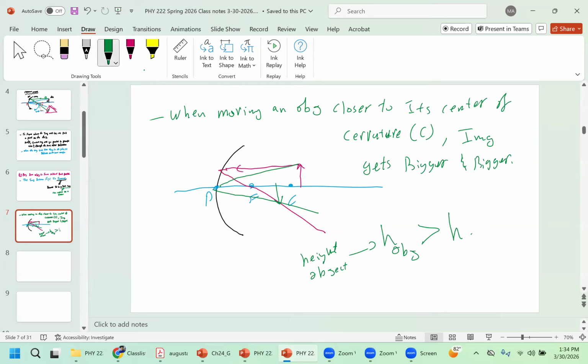I'll call it HI or HMG, whatever you want to call it. So be height of your image. But then the height of the image gets bigger and bigger. That's when you get closer to the center of curvature. Y'all with me so far?